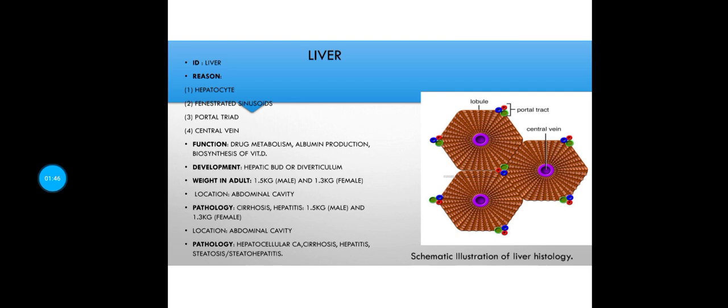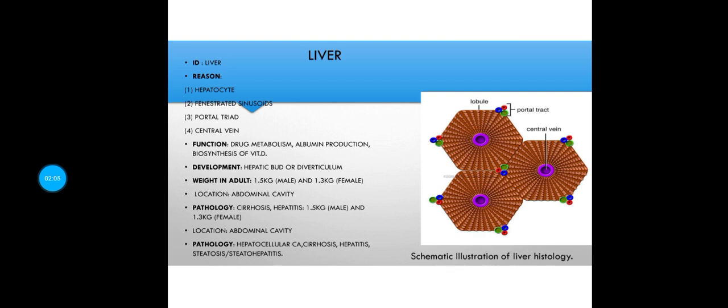The weight of the liver in adults is 1.5 kg in males and 1.3 kg in females. The location of the liver is the abdominal cavity. Then the pathologies involving the liver include liver cirrhosis, hepatitis.